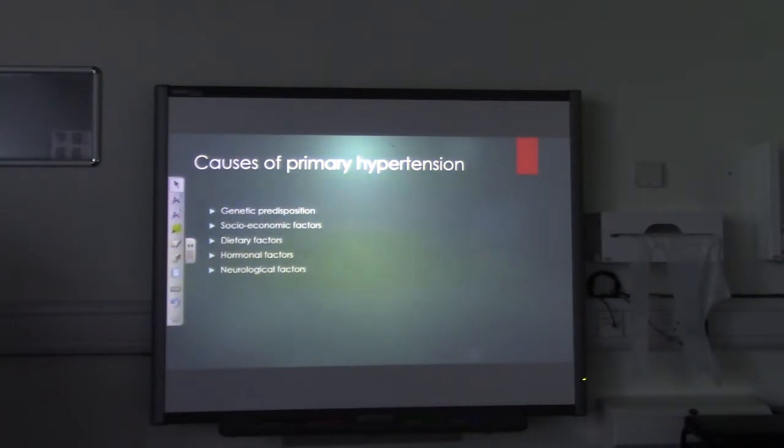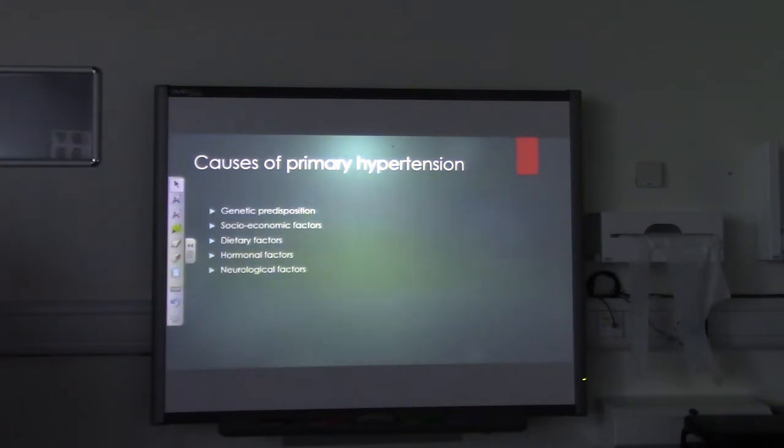Causes of primary hypertension: we have genetic predisposition. We know that if there's a family history of hypertension, there is an increased likelihood that your patient will develop hypertension also. Socioeconomic factors: we know that alcohol raises blood pressure, and smoking and lack of exercise are also related to the development of hypertension.